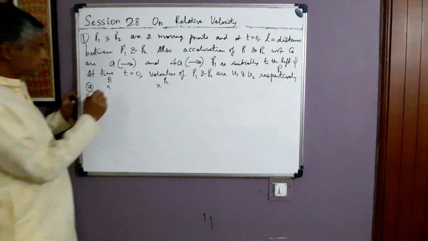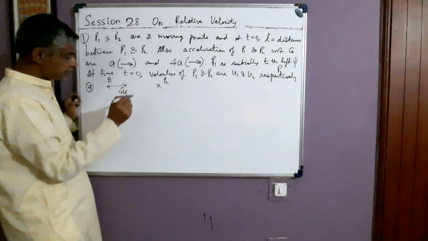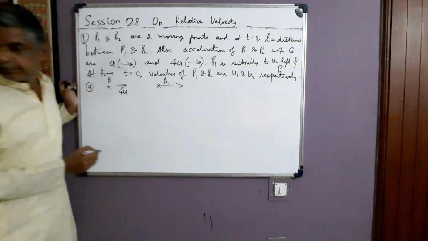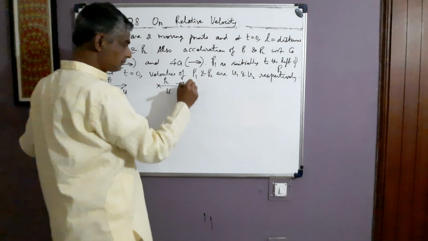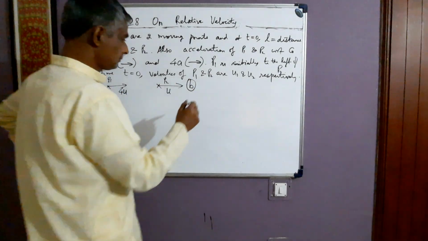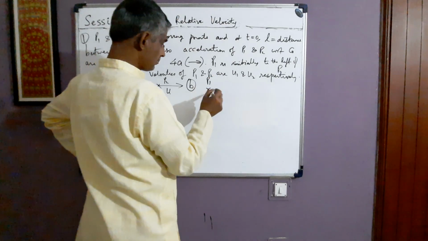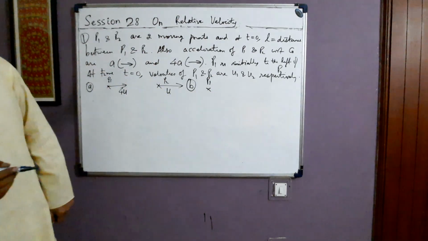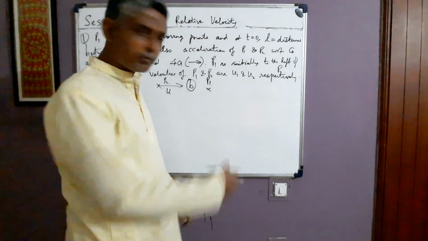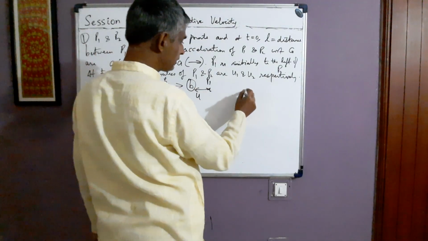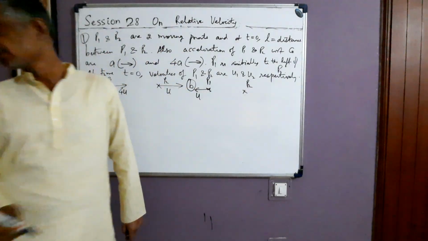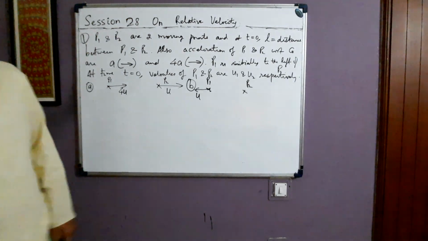In part A, P1 is moving rightward at a speed 4u, and P2 is moving at a rightward speed u with respect to ground. In part B, P1 is moving to the left, and P2 is also moving left at 5u.